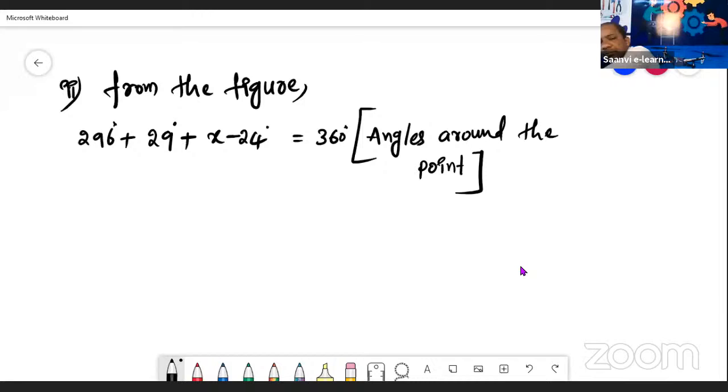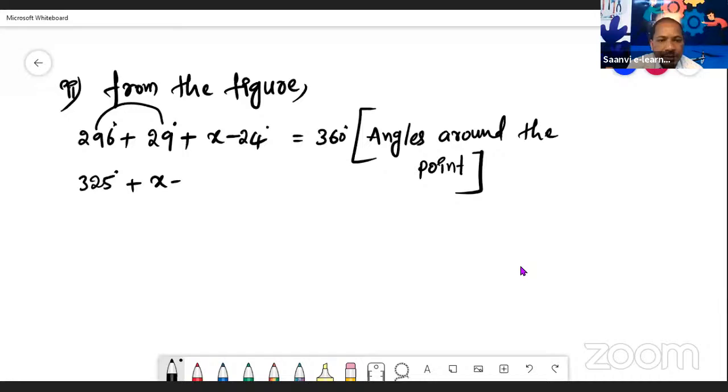Okay. So now find out 296 plus 29. How much do we get? 296 plus 29 is equal to 325 degrees.